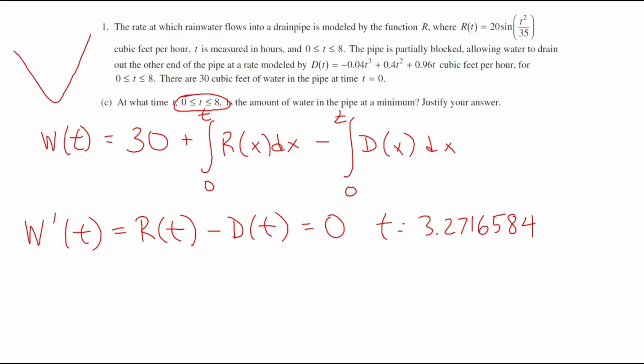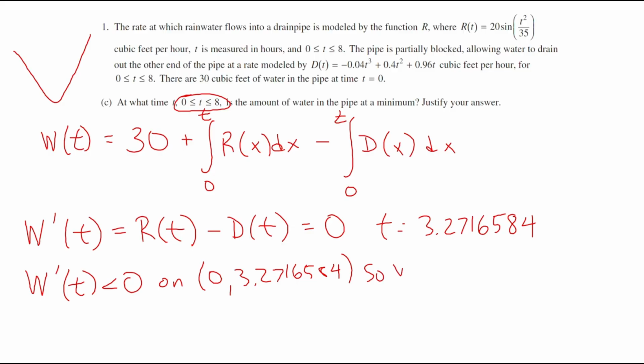So we could test 0 and we could test 8, or we could say that w prime of t is less than 0 on 0 to 3.2716584, so w decreases.